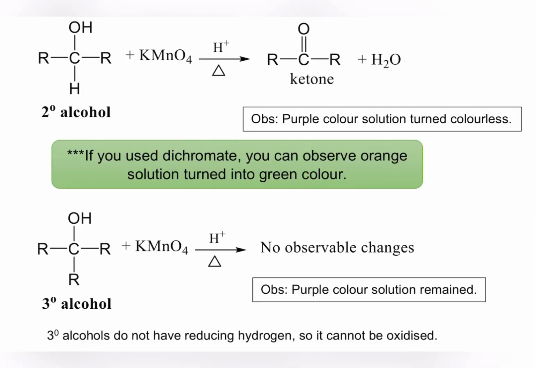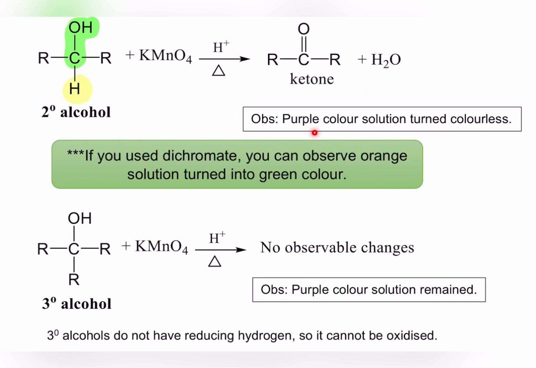Next one, I have secondary alcohol, with the carbon that has the OH group attached to two alkyl groups and one hydrogen atom. So for secondary alcohol, you still have the reducing hydrogen, one of it, and it reacts with KMnO4 with H+ and heat, and you will form ketone plus H2O.